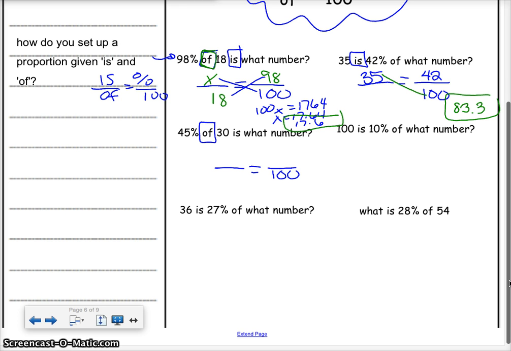I'm not even worried about the is right now, only the of. 45 is already claimed because it has the percent sticking to it. That means 30 is my of. So I'll put 30 here, and then I need to solve for my is. 30 times 45 divided by 100 is 13.5.